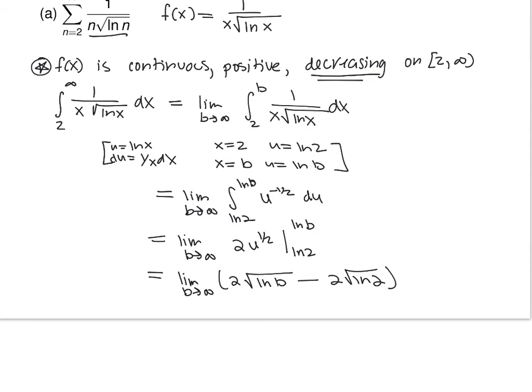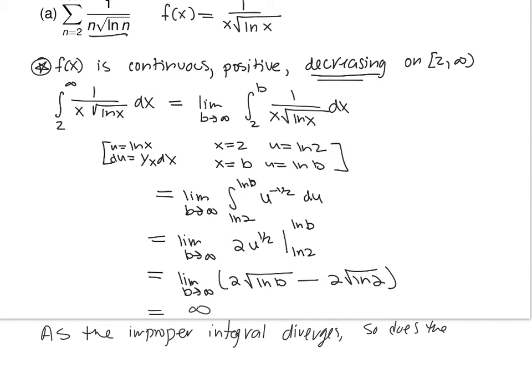And as b goes to infinity, natural log of b goes to infinity, so does square root of it. So this is going to go to infinity. And so as the improper integral diverges, so does the series.